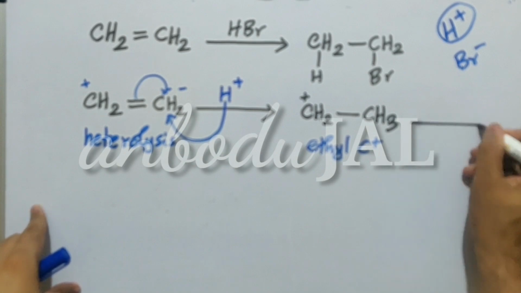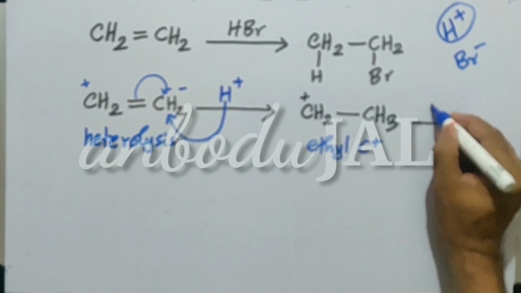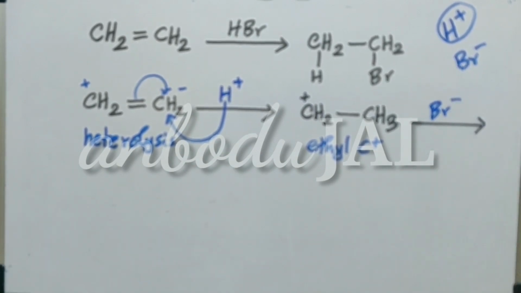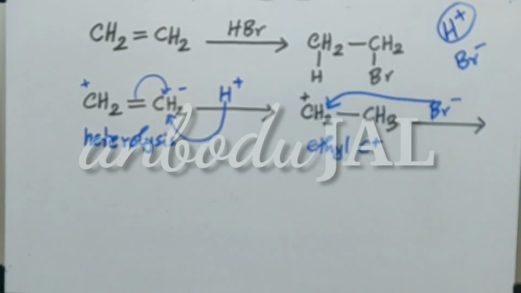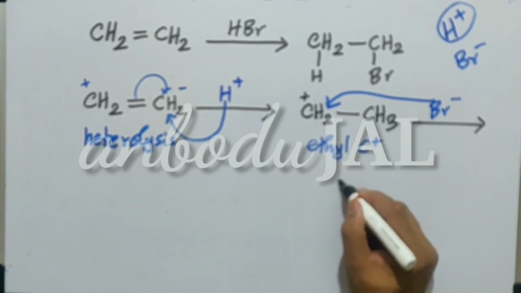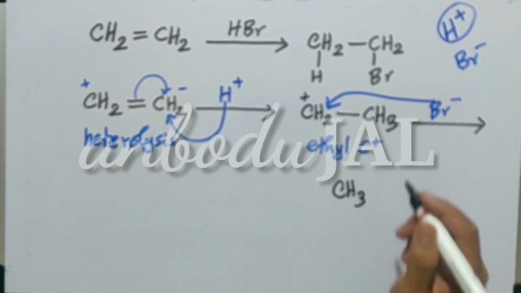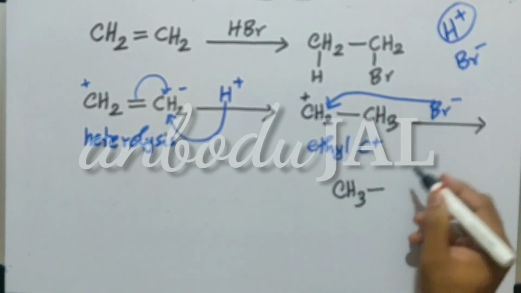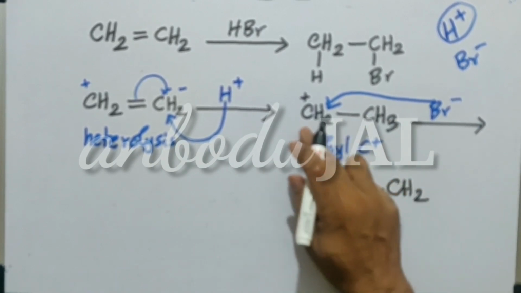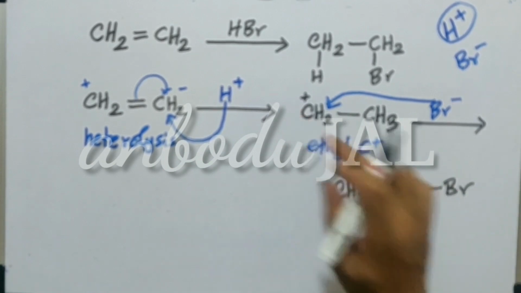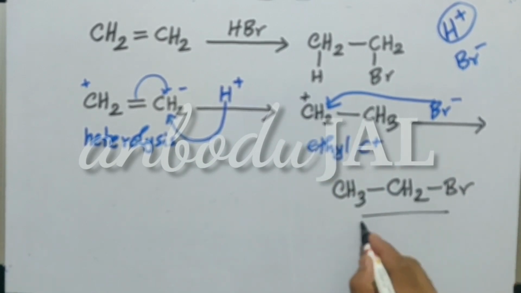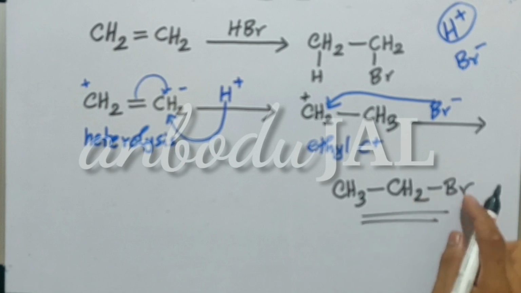In the next step, Br minus, the negatively charged species, is attracted towards this carbon. As a result, the product is CH3 single bond CH2 with bromide on the carbon that was positive. So the product is CH3CH2Br.